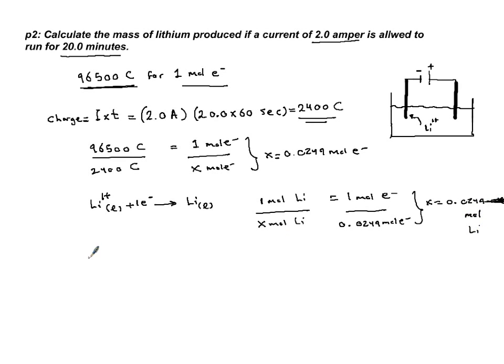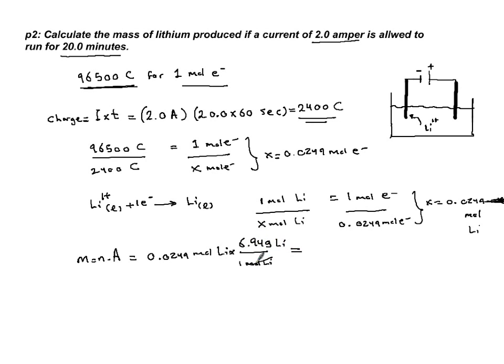Now we just have to find mass, and mass is nothing but moles times molar mass, or in this case, relative atomic mass. So I have 0.0249 moles. We go to periodic table. Every 1 mole of lithium, its atomic mass is 6.94 grams of lithium.